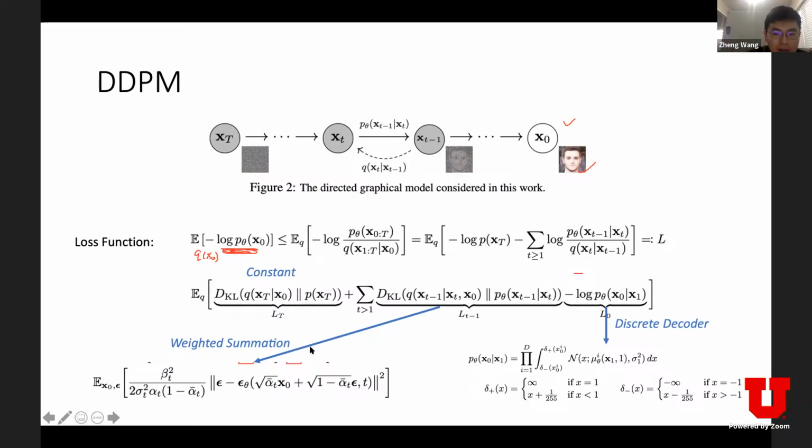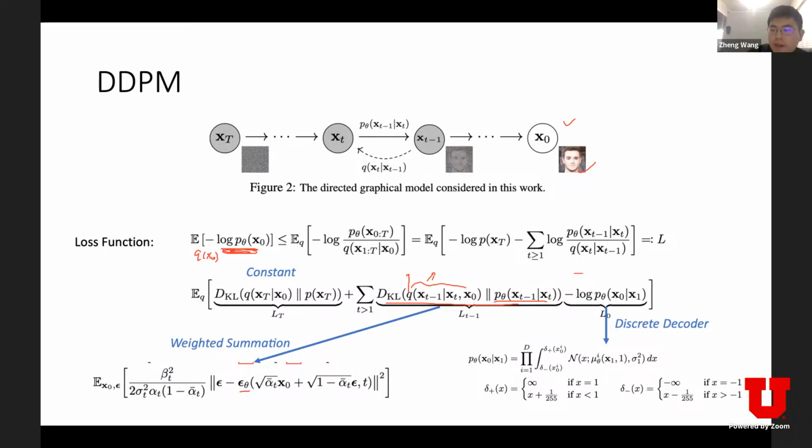And the most important term in the loss function is the weighted summation. So this one, this is fixed, right? This is some constant distribution. Yes. This is actually the forward diffusion procedure, and this one is a generation procedure, and you have your modeling of the noise at each step.